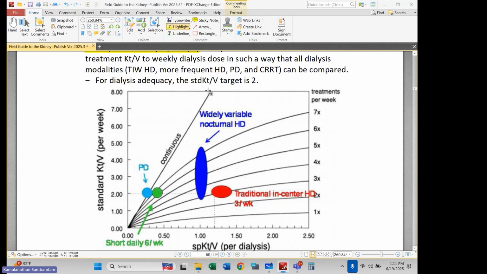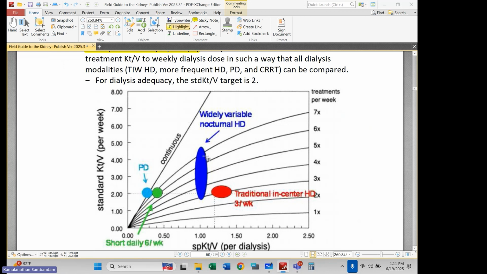Map it along this line. You'll find that you're going to be somewhere around here on this line, which will be equal to a standard weekly KT over V that's really, really high compared to those that you're achieving with PD or thrice weekly HD.